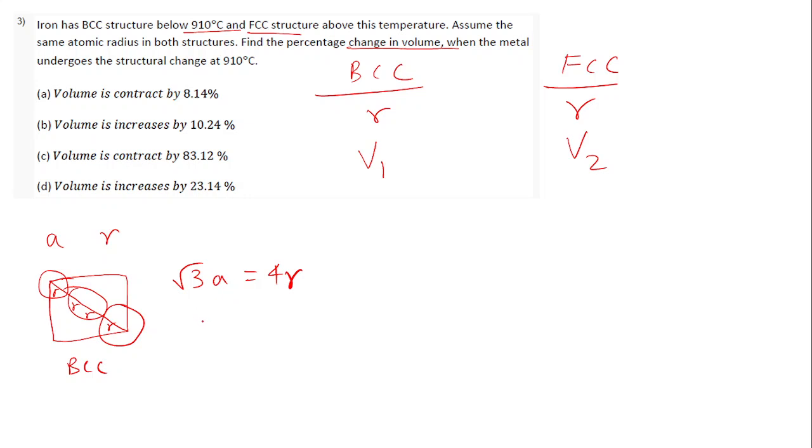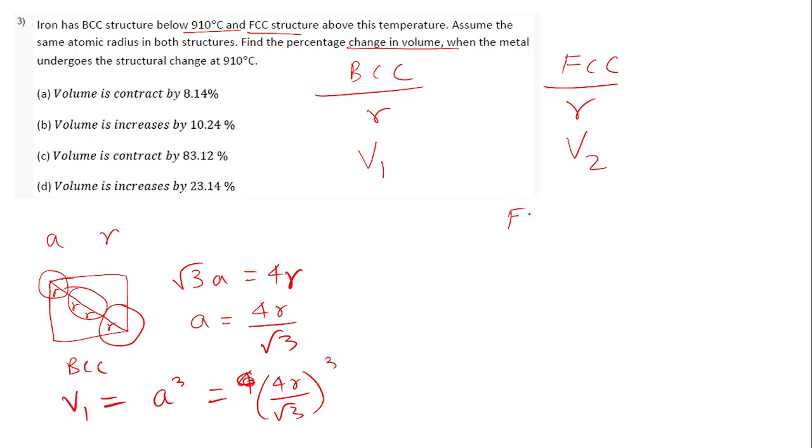And from here we see that lattice constant is 4R by root 3. So what will be the volume of the unit cell? It will be a cube, right? So it will be the cube of this whole, 4R by root 3. This will be the volume when it was in BCC form.